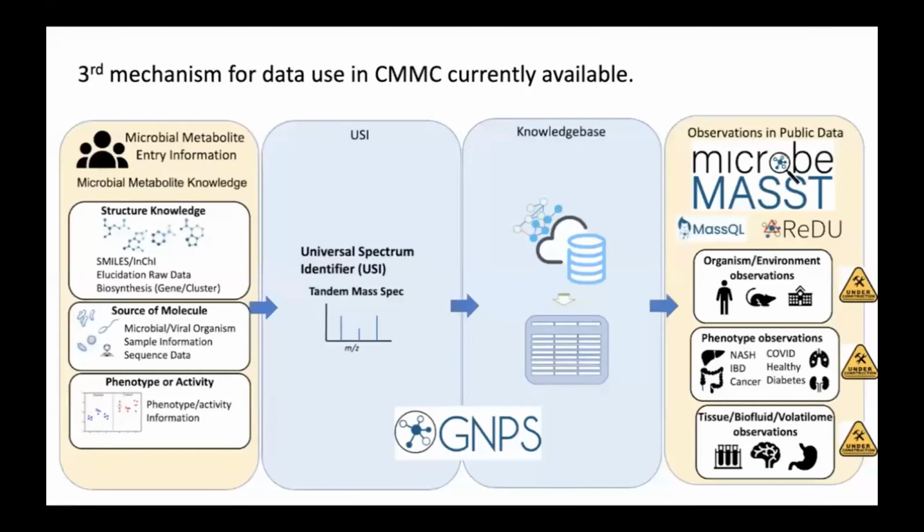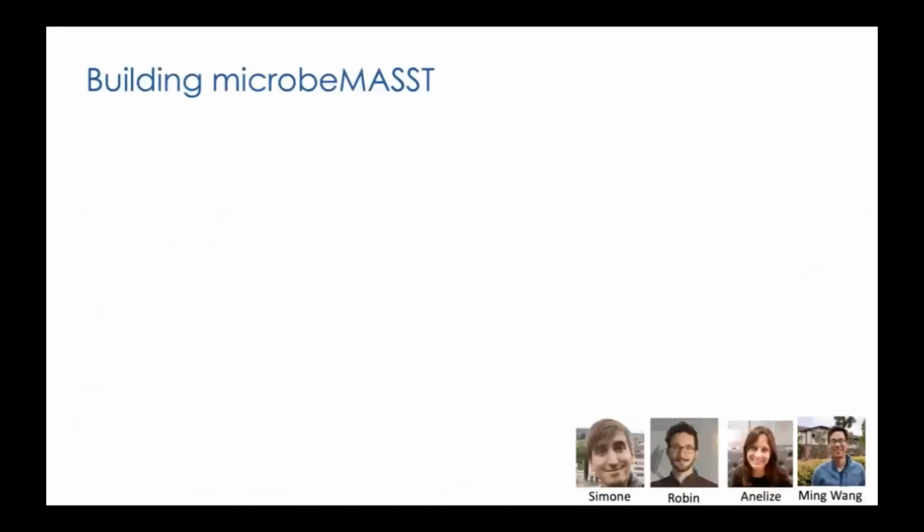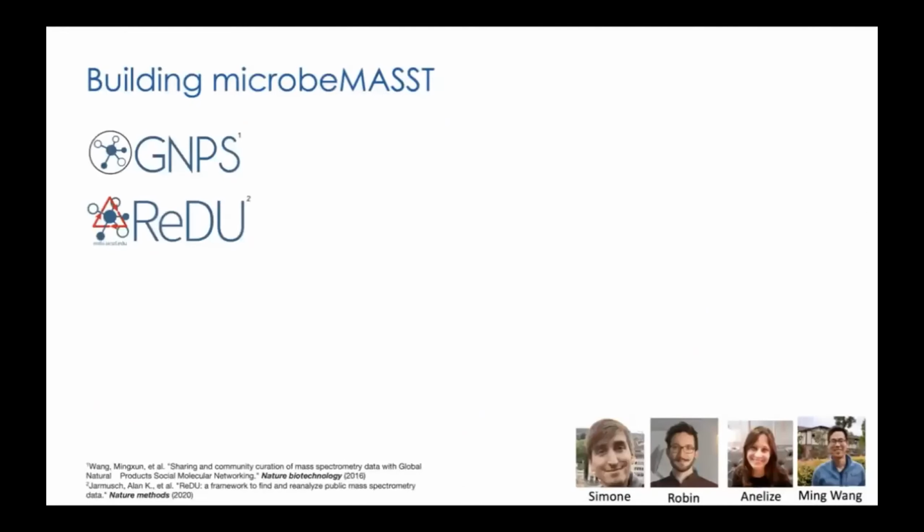The third mechanism to leverage this data in CMMC is the creation of enrichment strategies such as MicrobeMASST. The idea is that if you have an MSMS spectrum, even if no structure is known yet, you can learn which microbial taxa are able to produce these particular molecules. To build MicrobeMASST, we leveraged the GNPS and ReDU ecosystem. You heard about GNPS.